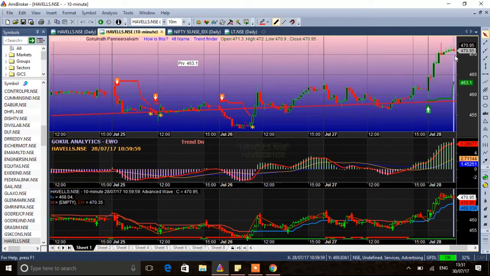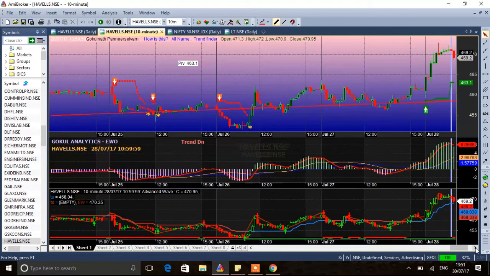So now I'm shorting again at 471, and keeping a target of maybe 469, or let's keep this 467 and let's trail it. Okay, so 467 is our target, and we are shorting at 471. Oh my god.